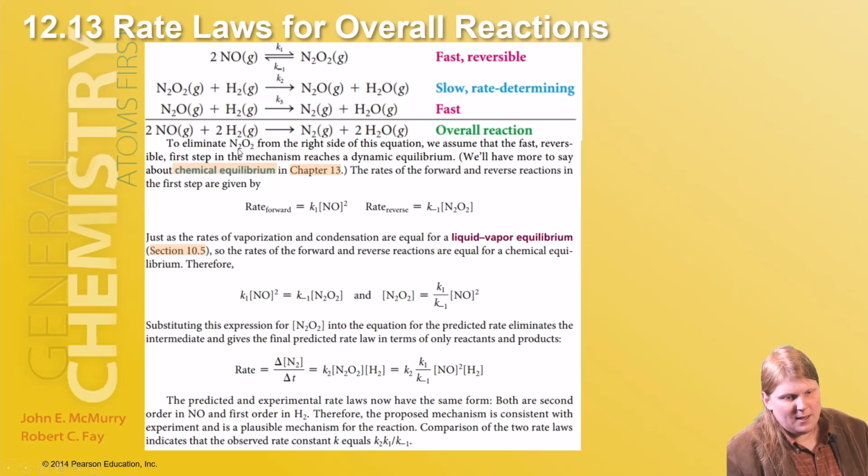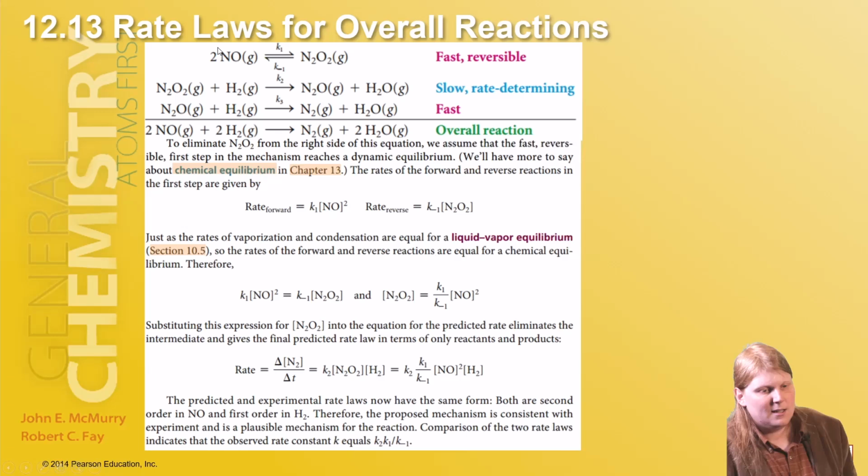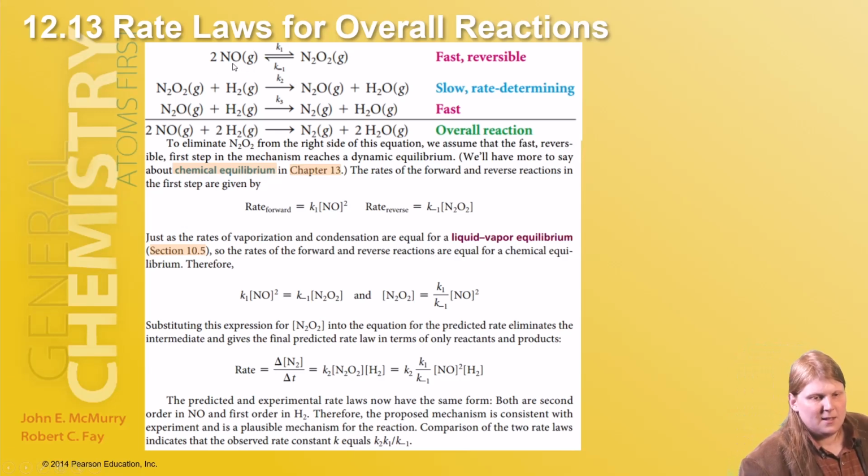So to eliminate the N2O2, we can assume that the fast reversible step is some equilibrium that we'll talk about in 3. So they get this reverse rate. And then we can use that to convert this back and say that since this rate is related to this guy over here, this 2NO, maybe we can substitute 2NO for N2O2.